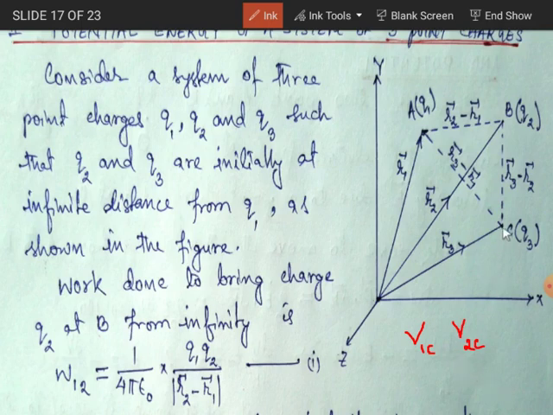So against that potential, or rather against the field due to this q1 and q2, you need to bring this q3.